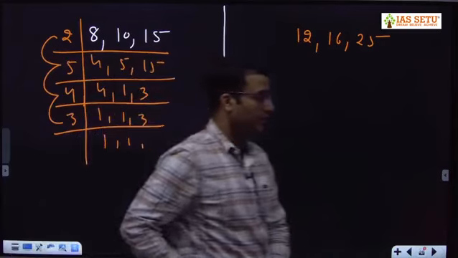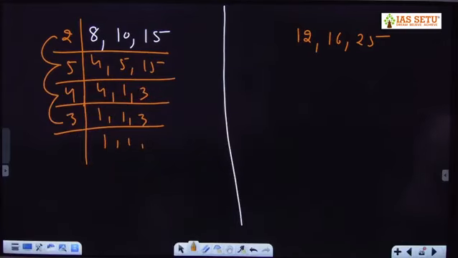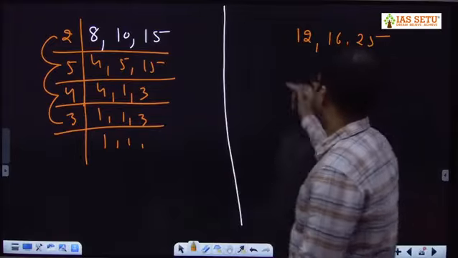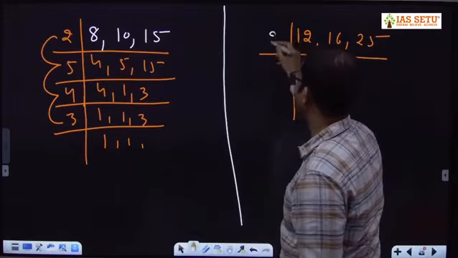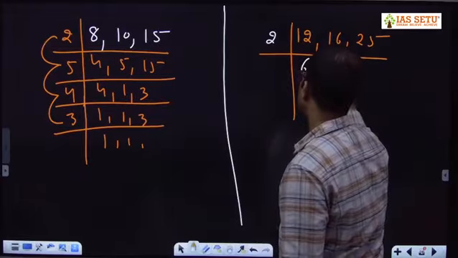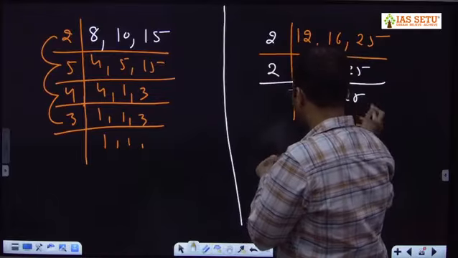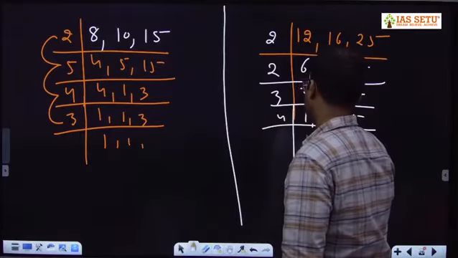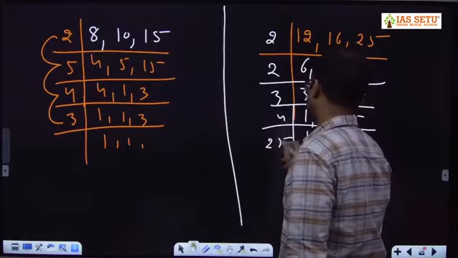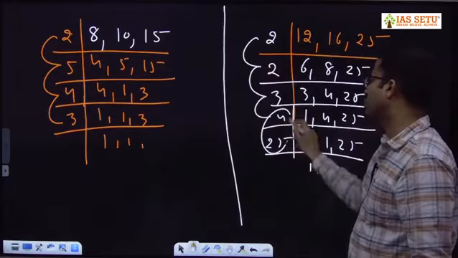What is the answer? How much are you getting? 1200. So now here you can take 2 common, or directly you can take 4 common, 6, 8, 25. Again take 2 common, 3, 4, 25. Then there is nothing common. 3 common, 1, 4, 25. 4 common, 1, 1, 25, 25. So it is 4, 12 into 100, 1200.